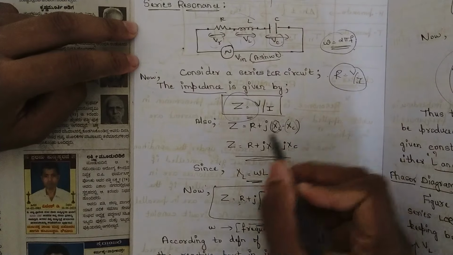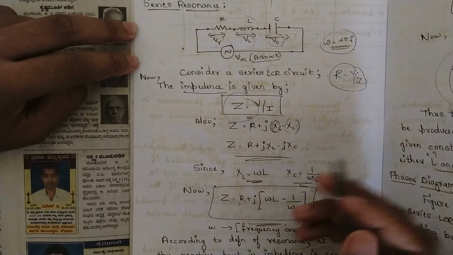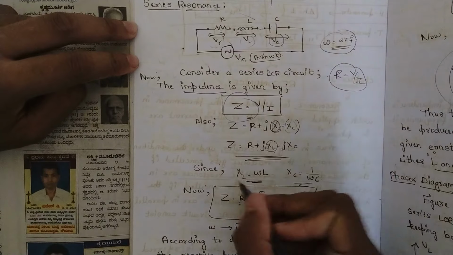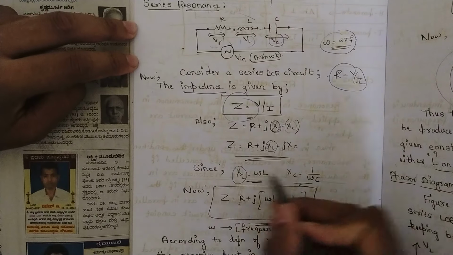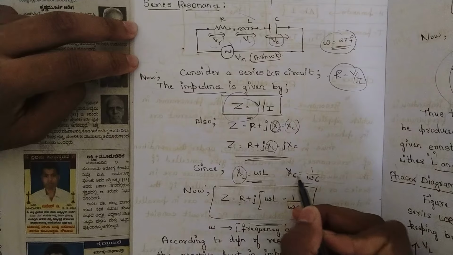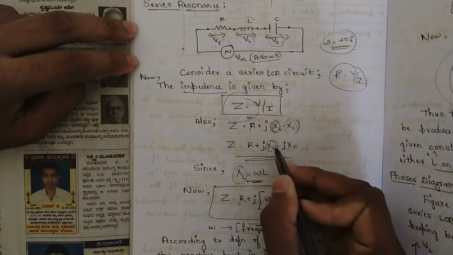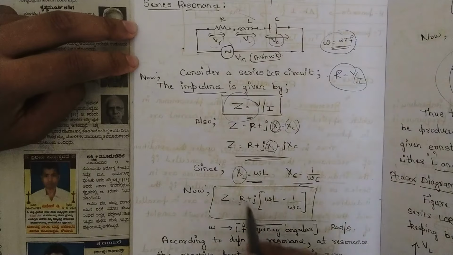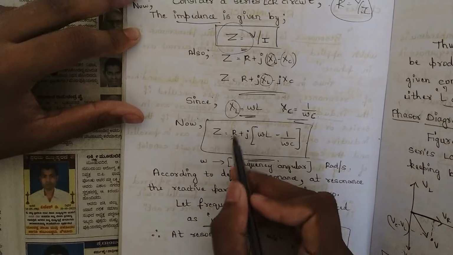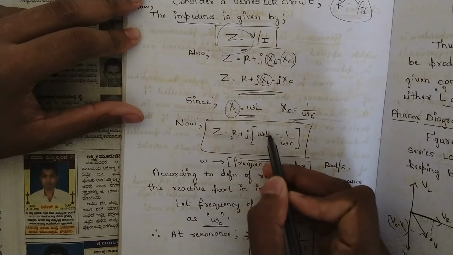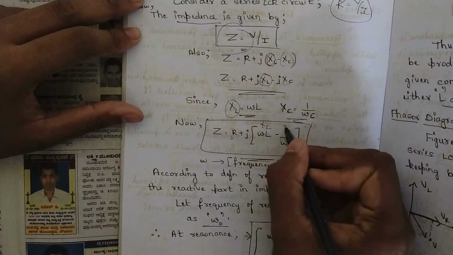Now multiplying this j, what you would be getting is Z is equal to R plus jXL minus jXC, where inductive reactance XL is given as omega times L, and capacitive reactance XC is given as 1 by omega times C. That we should be substituting here in place of XL and XC in this equation. Then we would be getting Z is equal to R plus j times omega L minus 1 by omega C. I've just substituted the value of XL and XC here.